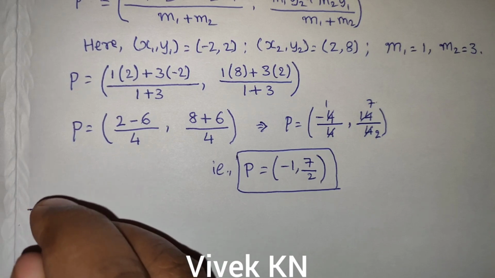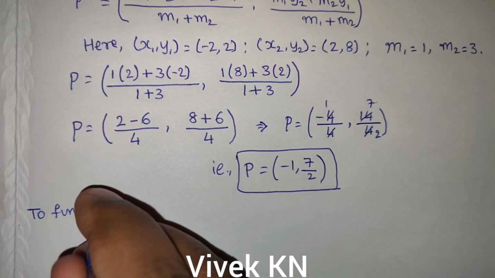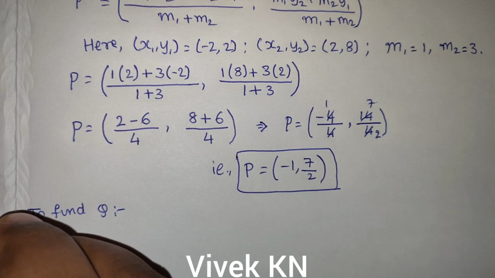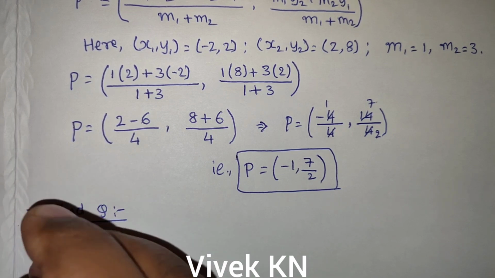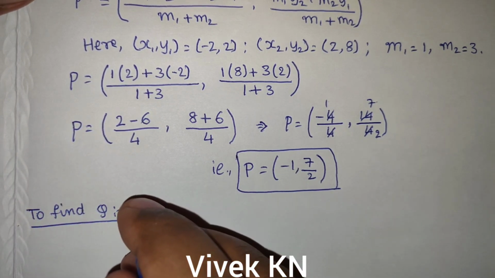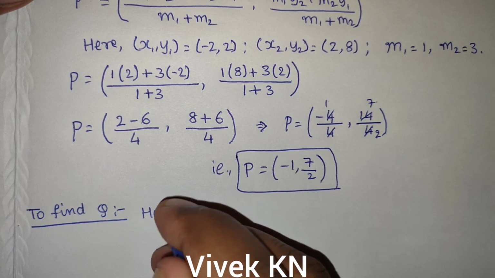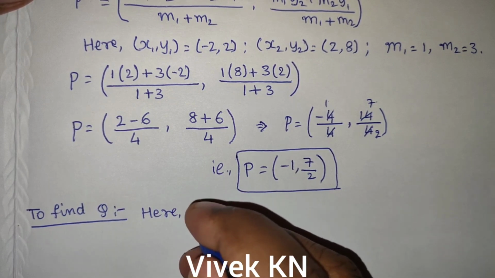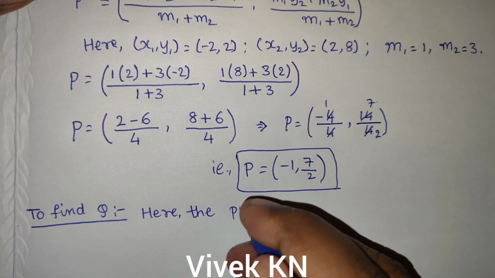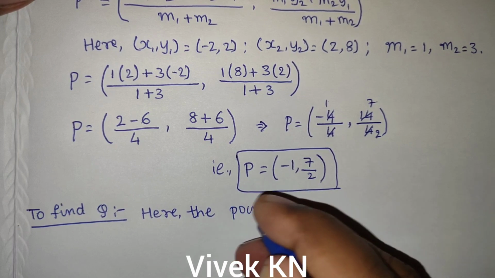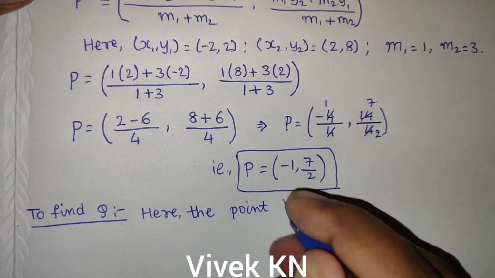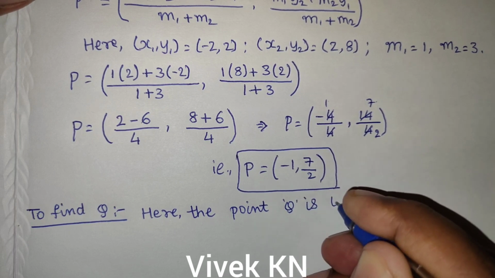To find Q, here the point Q is the midpoint of AB.